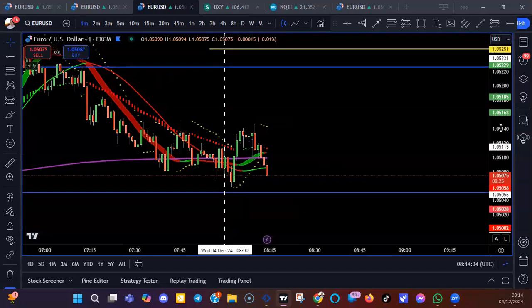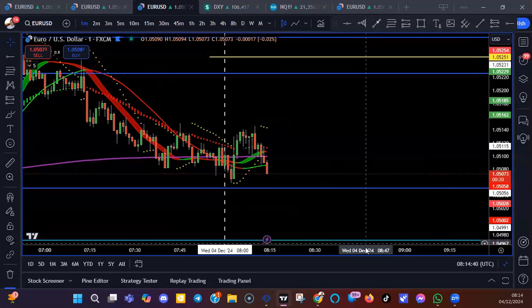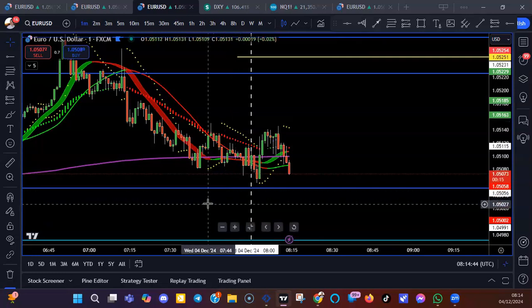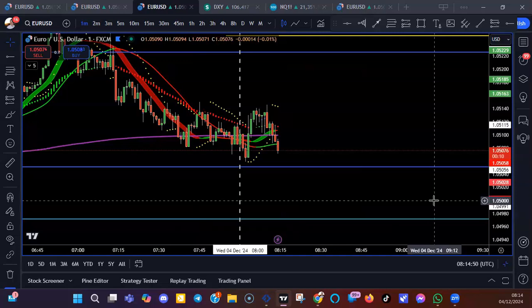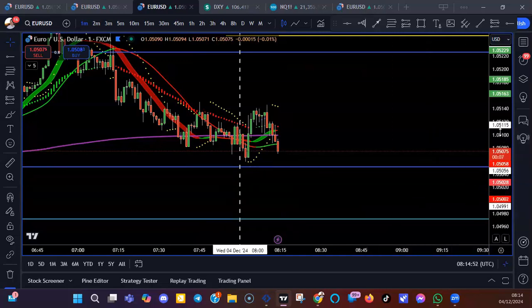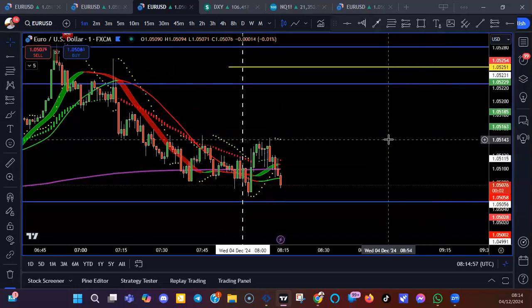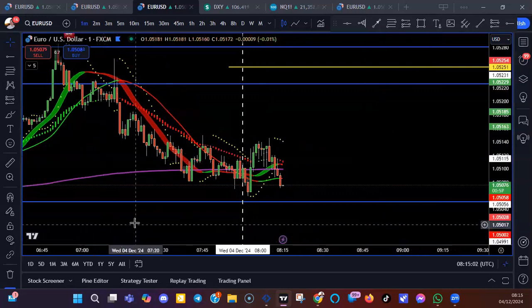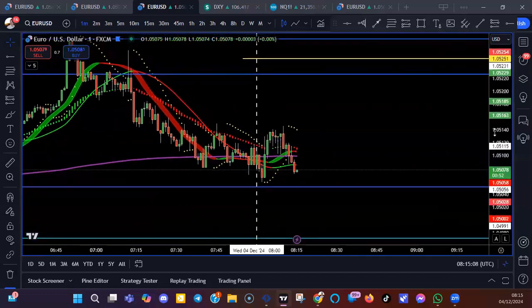But extra confirmations are always a good thing. But if you don't wish to be on it, it's not a big deal. But it will help you when trading the EUR USD specifically, and give you an extra confirmation of where price is going.